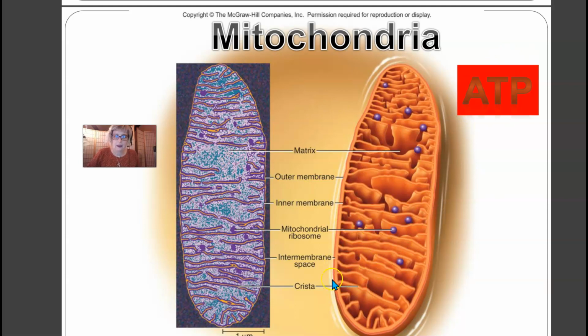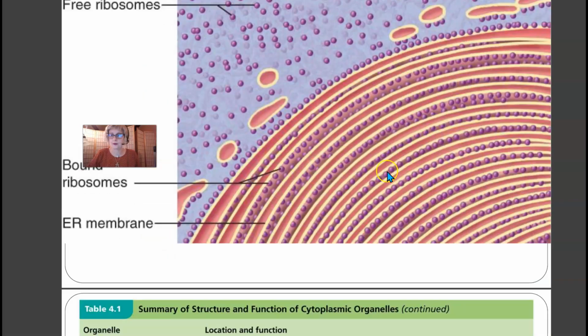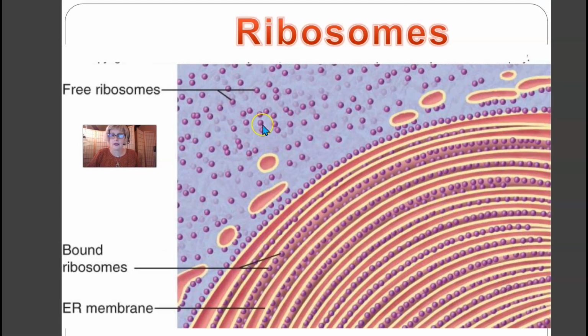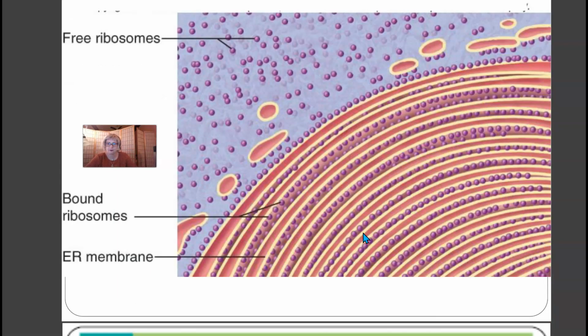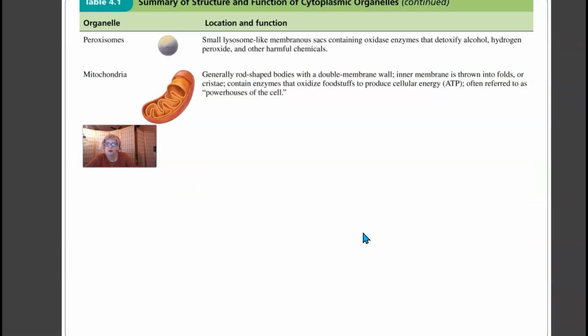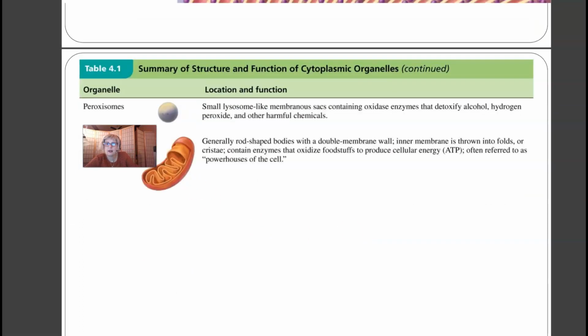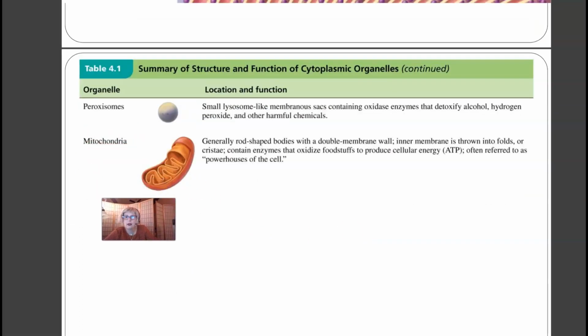Here you can see in this image the free ribosomes versus the membrane-bound ribosomes on the rough endoplasmic reticulum. In this image, table 4.1, you can see that you have a peroxisome, which has the membranous sacs containing the enzymes that detoxify. So don't confuse peroxisomes with lysosomes.